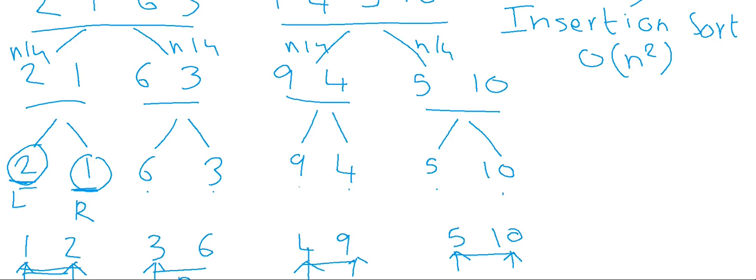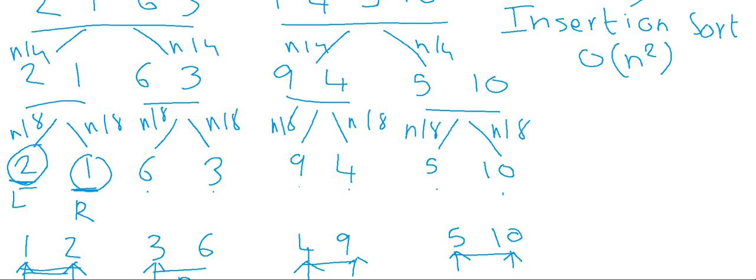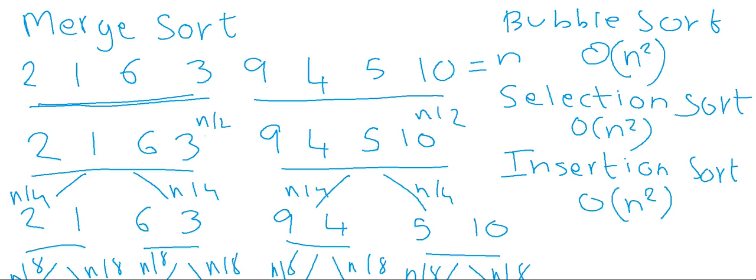And I further divided it into n by 8, n by 8, n by 8, n by 8, n by 8, n by 8. And that's how I got only one element at the last.